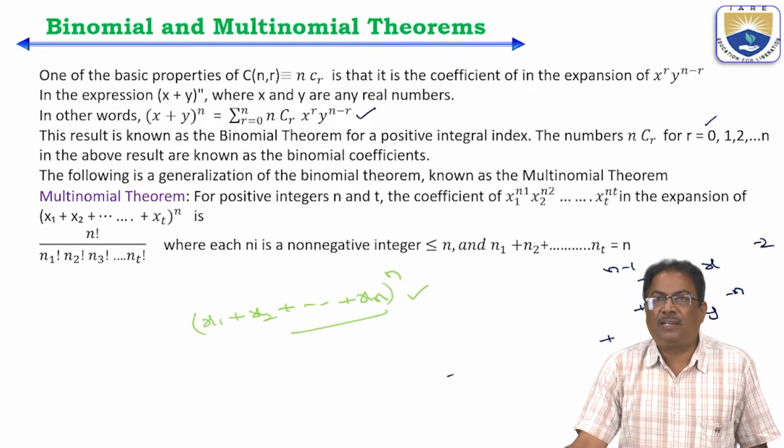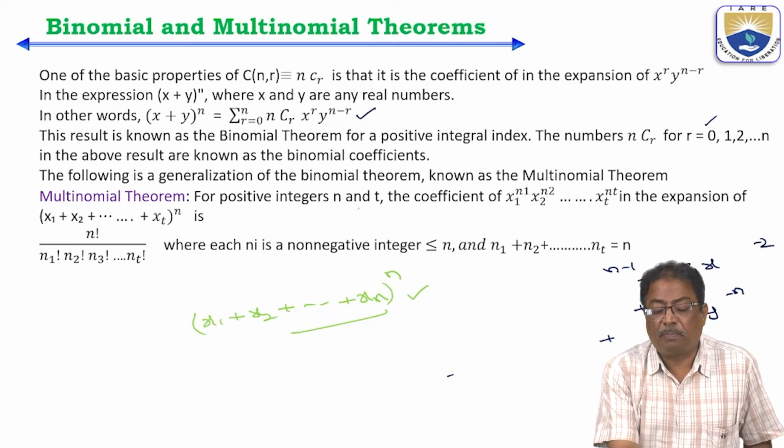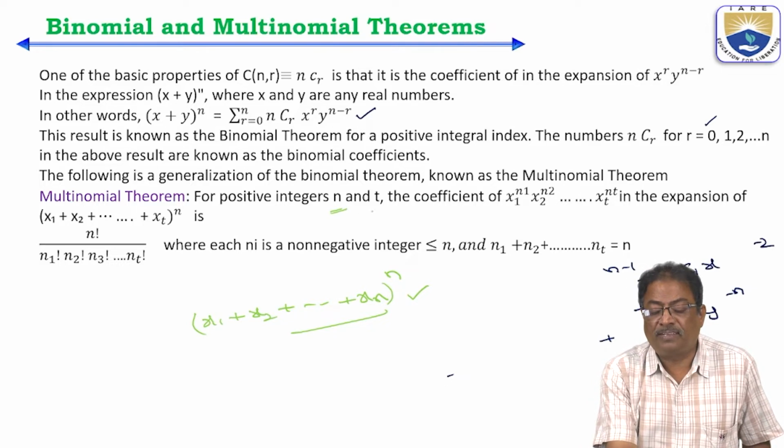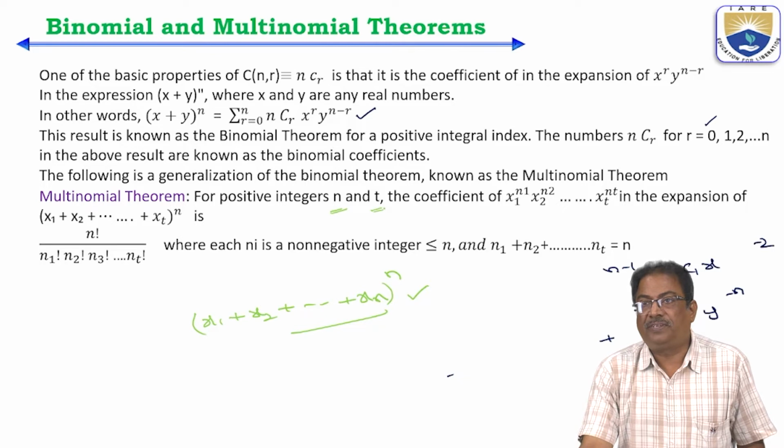Here in this multinomial theorem, n is a positive integer, and t is also any positive integer.